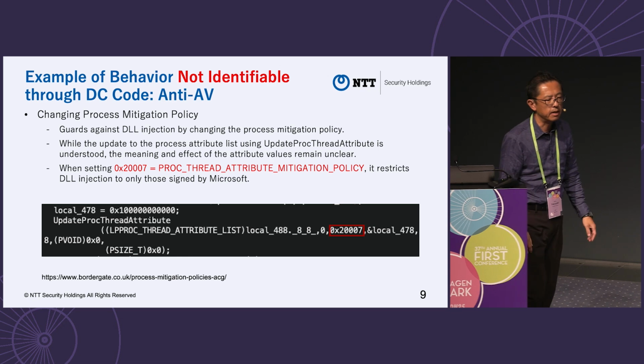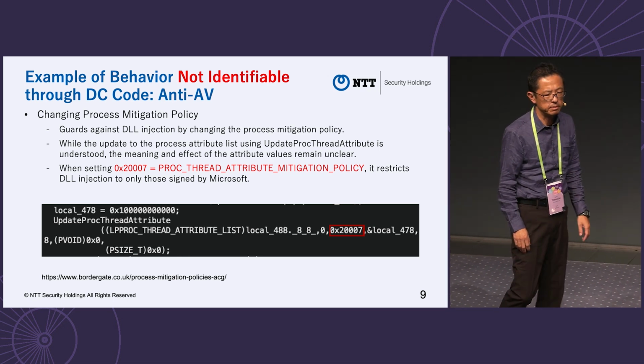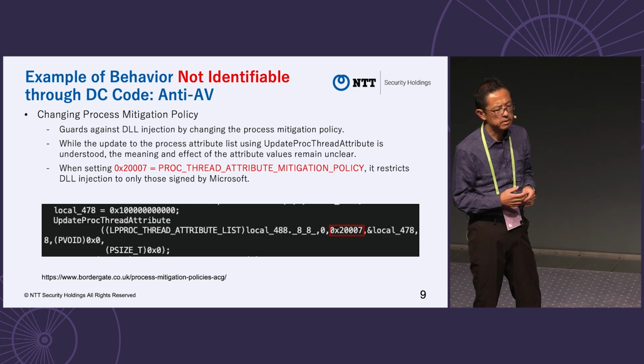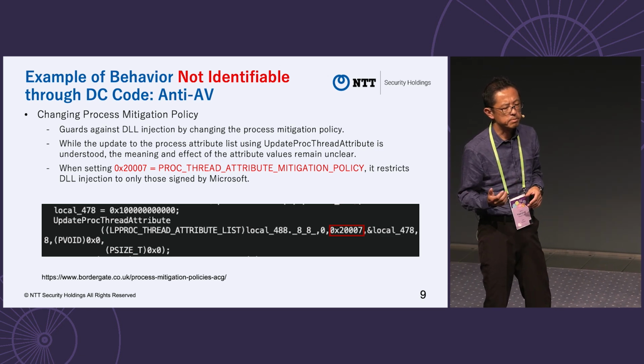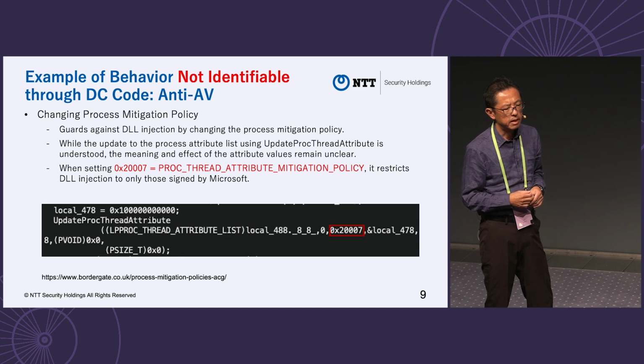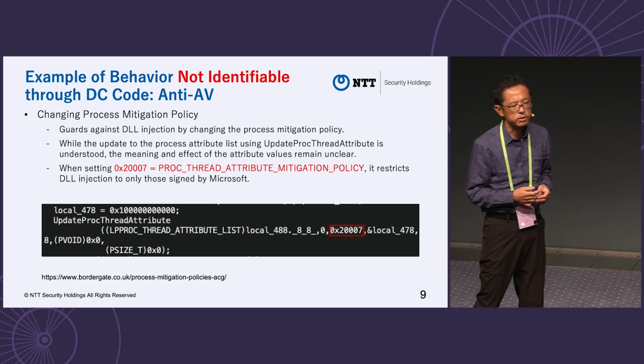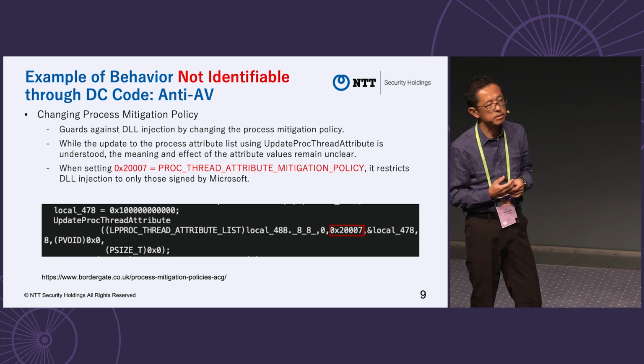Okay, this is behavior not identifiable through DC code. Also, the category is anti-AV. This code changes the process mitigation policy. Firstly, it guards against DLL injection by changing the process mitigation policy.